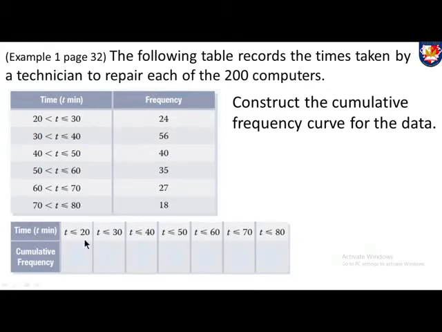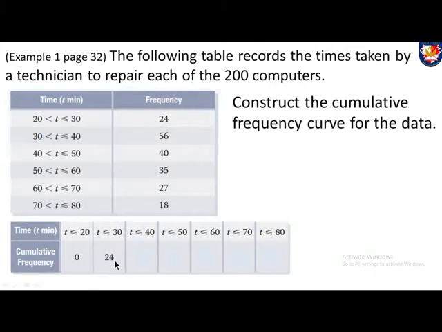So for T less than 20, like I said before, let's start with 0. Always start with 0. And then for T less than or equal to 30, only one row fits in it, so there are 24 computers.